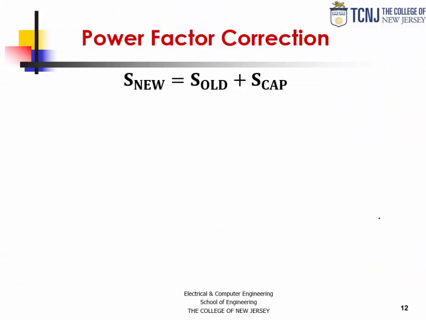So let's look at the steps to do this. That new complex power is going to be the old complex power plus some new power due to a capacitor that we're going to add. It's going to be in the minus Q direction.